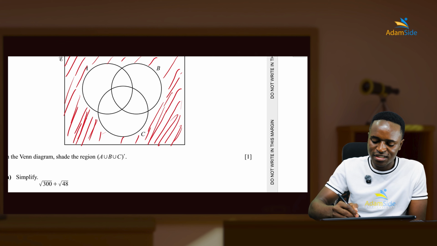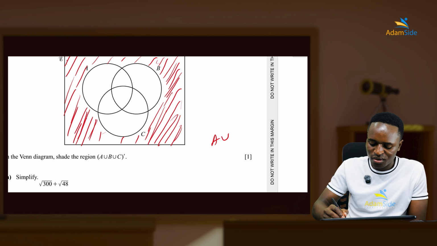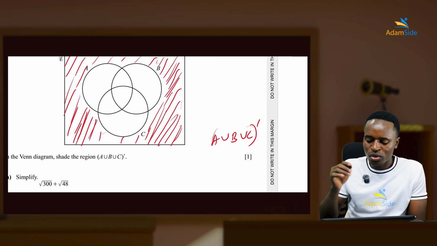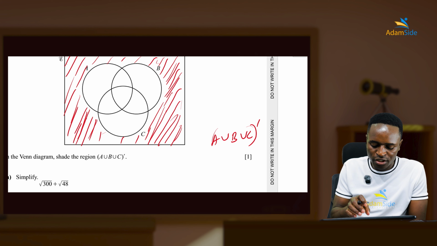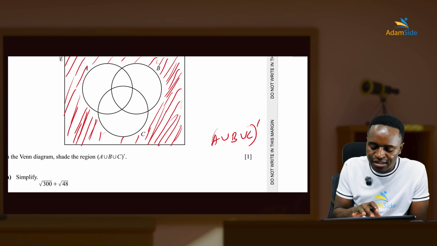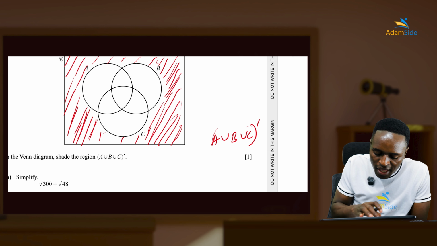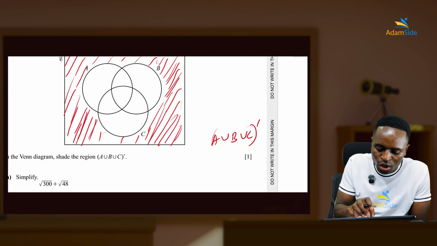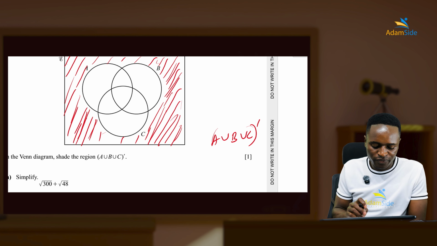If they say A union B union C and then not, it means not included inside. Union means everything in sets A, B, and C. So not everything inside. So we have to shade things that are not in any of these sets but are in the universal set. Correct.